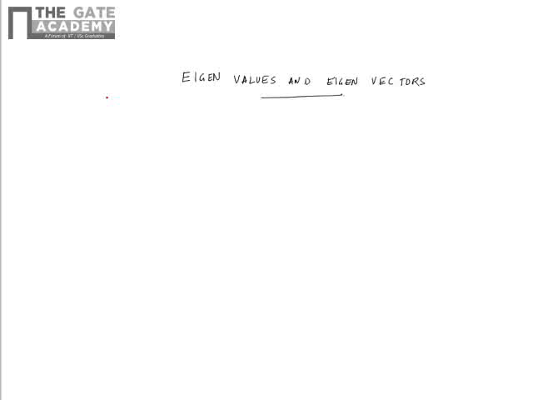If I take A to be a square matrix, and I have a vector x, so this is a matrix and this is a vector.